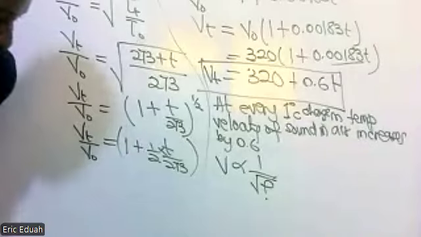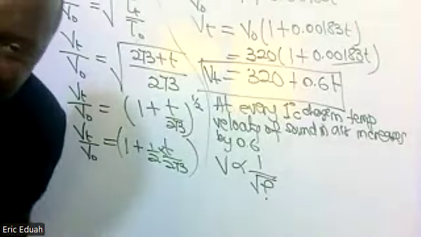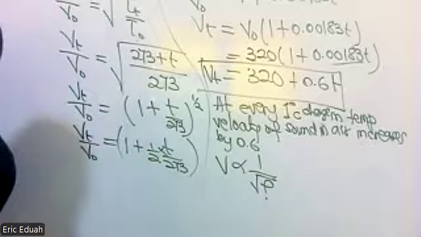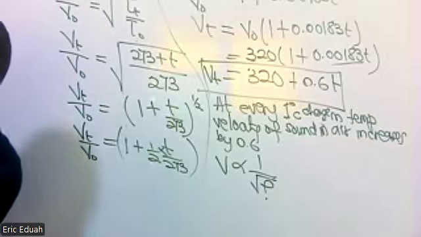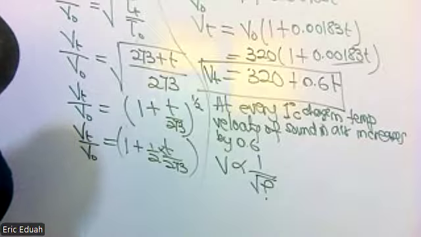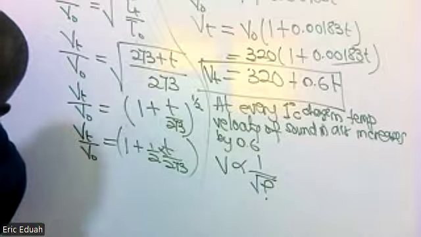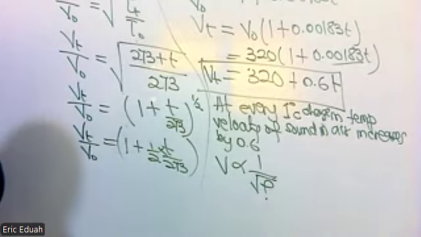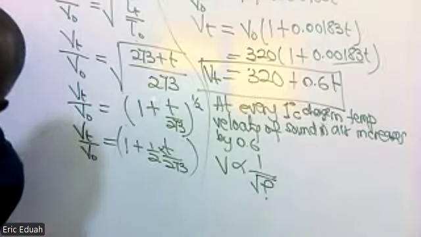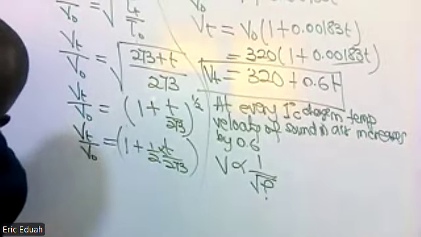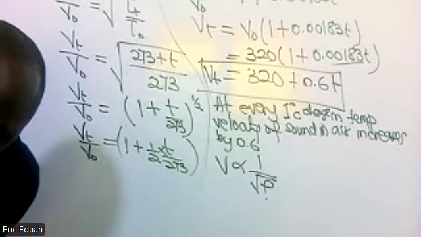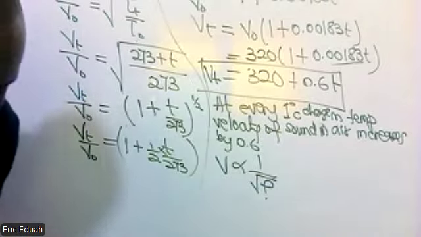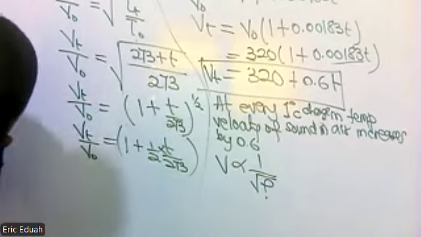The question is that as temperature increases, what happens to density? When temperature increases, density decreases because temperature will increase the kinetic energy of the molecules, and when the kinetic energy increases, they will space out more. So as temperature increases, density decreases.